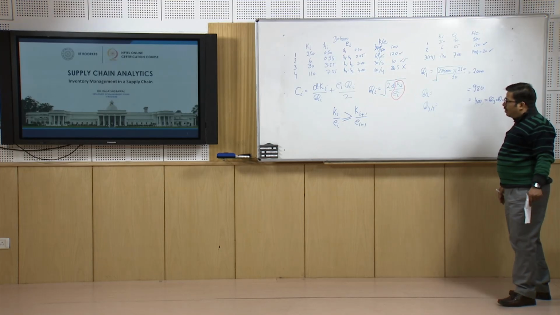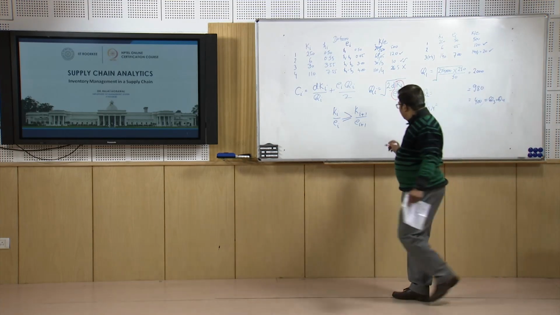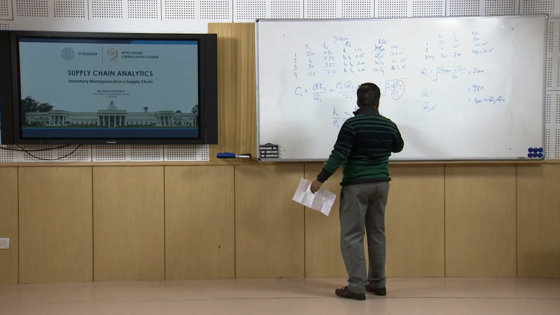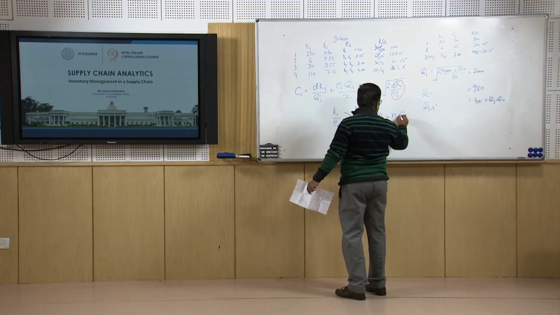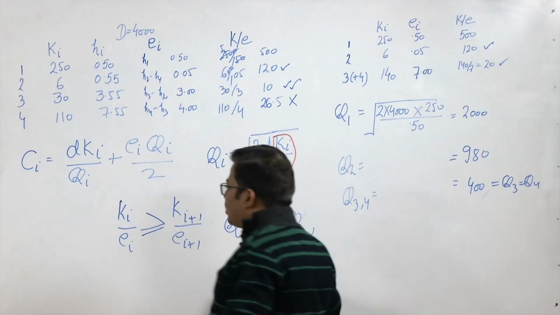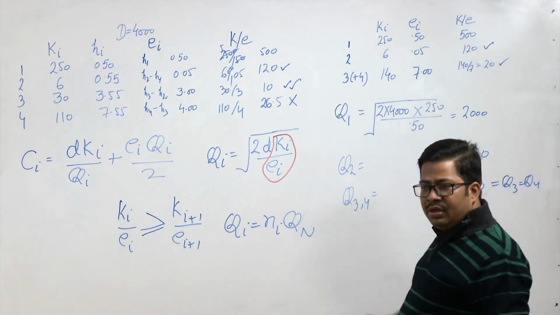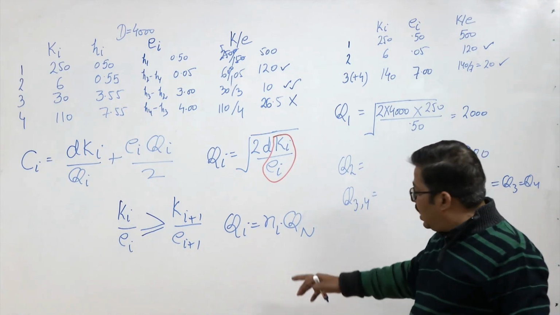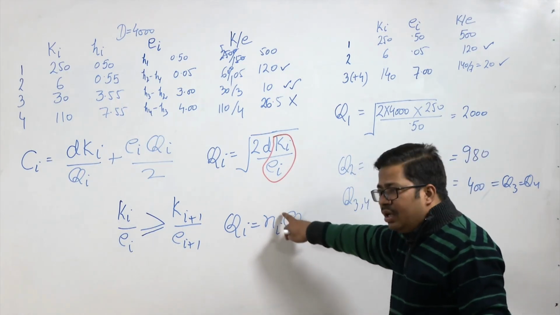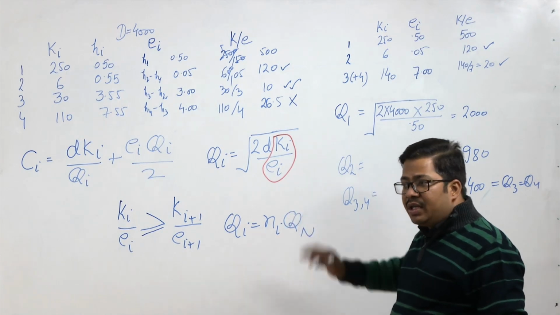So the condition that Qi equals Ni Qn is not satisfied here, because you are not able to achieve an integer value of Ni.